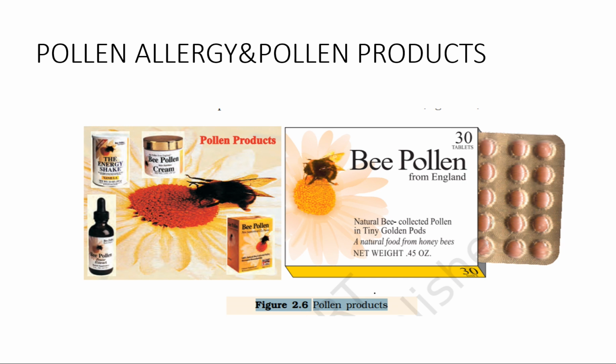Next we'll study pollen allergy. Pollen grains are produced in large numbers, especially in anemophilous species. Anemophilous means wind-pollinated flowers. They float in air and enter respiratory tracts. Some individuals develop allergy to them, producing respiratory disorders like asthma, bronchitis, and bronchial allergy. It is also called hay fever.